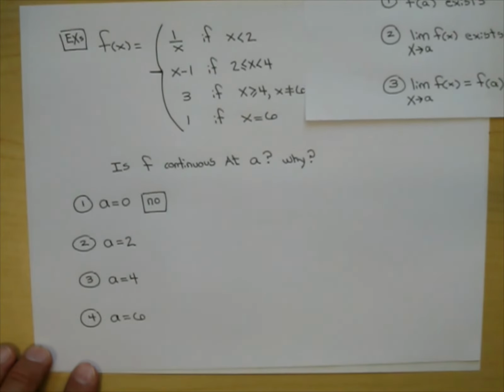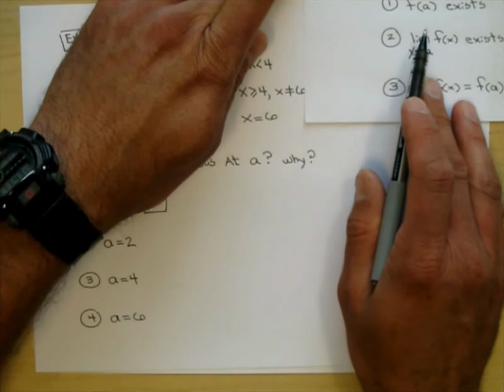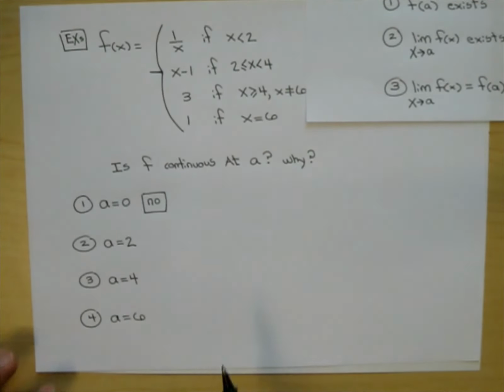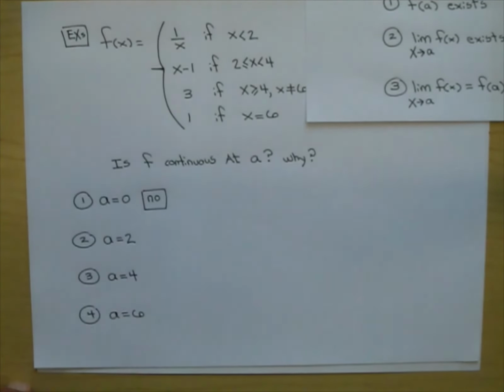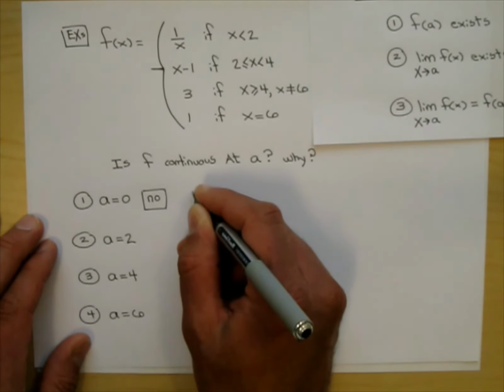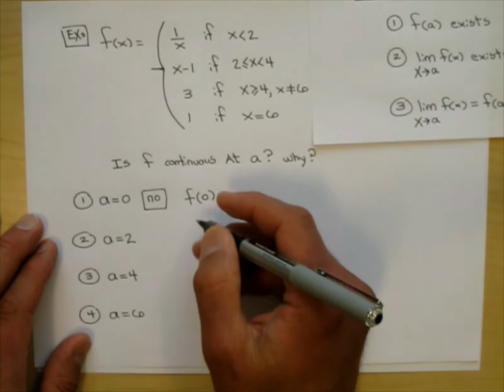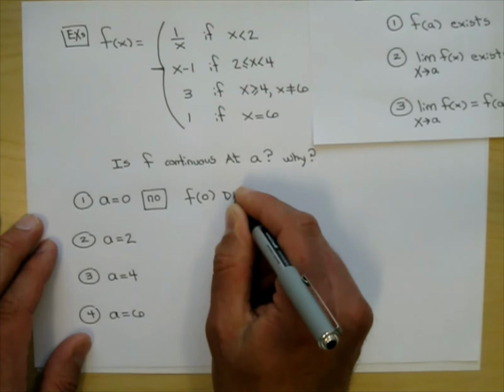Remember these 3 conditions. F of A has to exist. So make sure that it barely fits there. Let's move this down. F of A has to exist, and then this one says, well, f of 0, if you go to plug it in here, it does not exist.